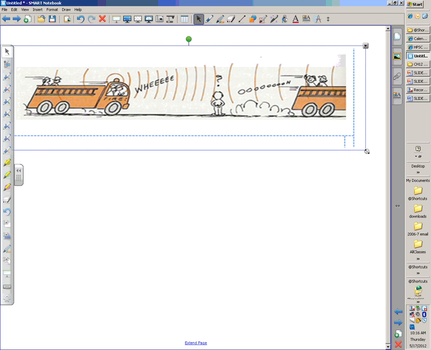But if the fire truck is now moving away from the person, the first wave gets emitted from here, but then the next wave gets emitted from here, because the fire truck is moving farther away from the person. So that means that the distance that wave needs to travel is a greater distance.